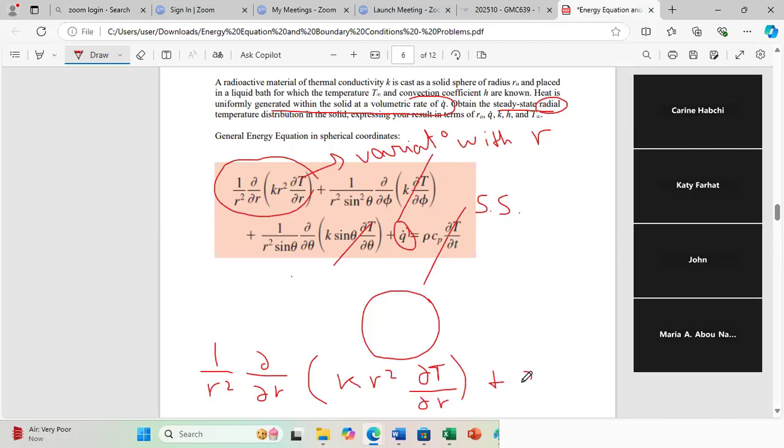And now all you have to do to solve for the temperature distribution, you need to integrate this equation twice, okay? And the constants can be calculated from the boundary conditions. Can you tell me, according to the given here, what will be the boundary conditions in this problem? I have a sphere and I have uniform generation Q dot within the sphere.